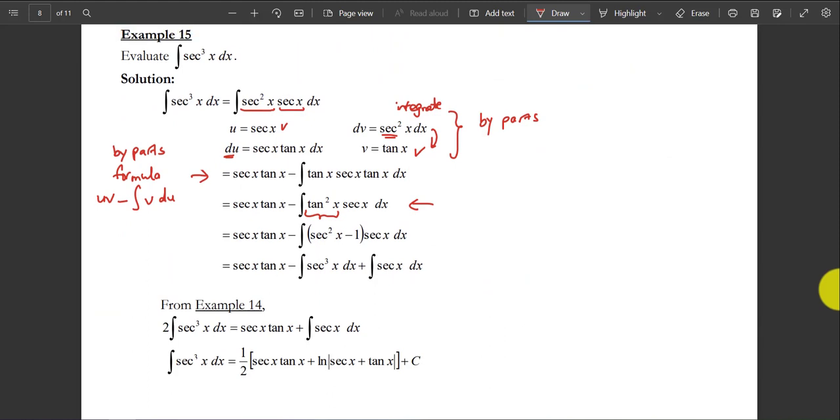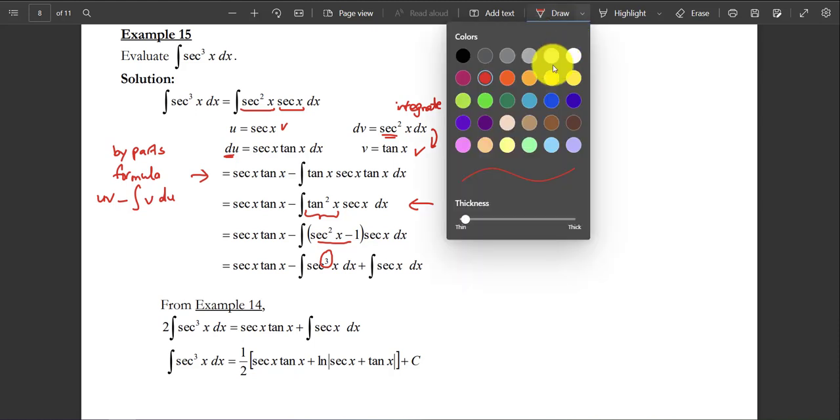So secant square minus 1 times secant x. Expand: secant square times secant gives secant cube, and then minus 1 times secant, so minus and minus, we have plus secant x.